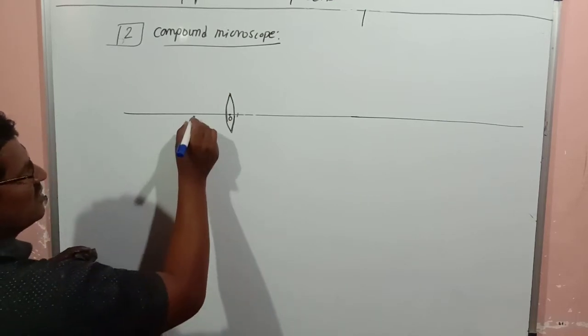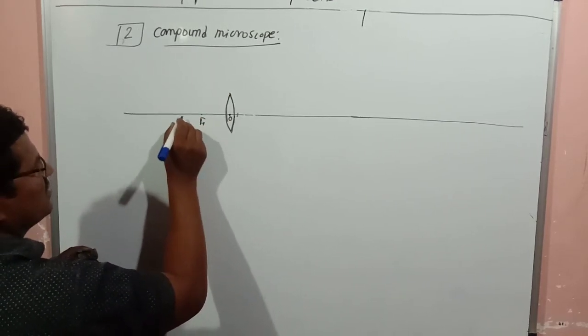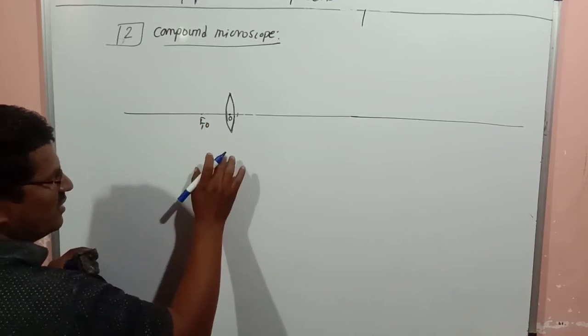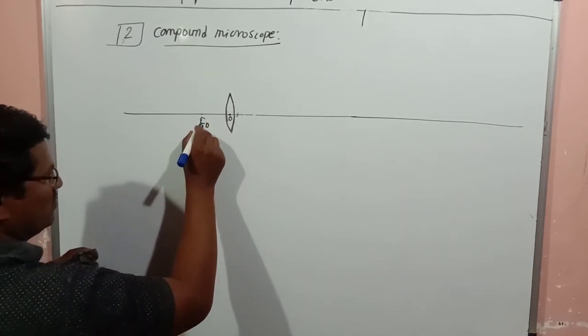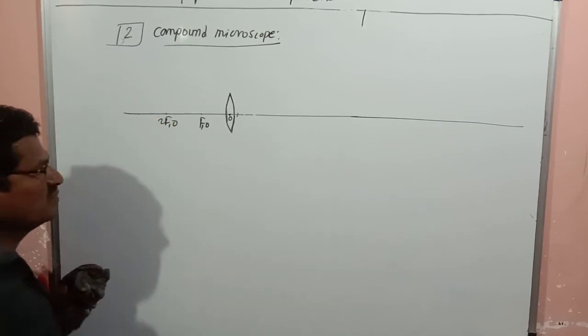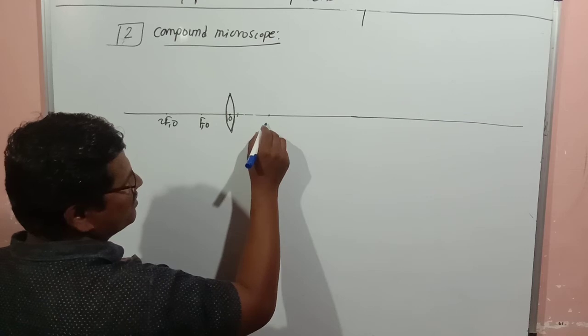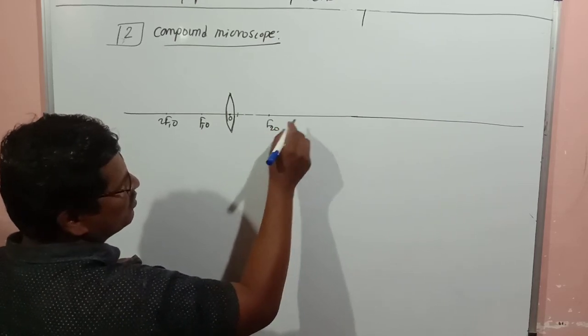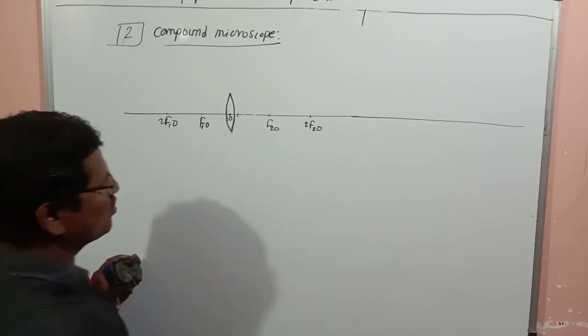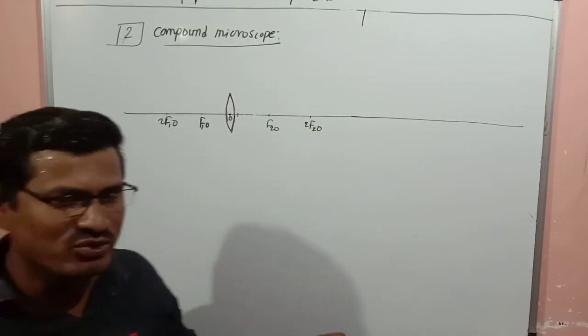Here is F1O, since it is the objective lens, then 2F1O, here F2O, and here 2F2O. Why are we taking O? For the objective lens.